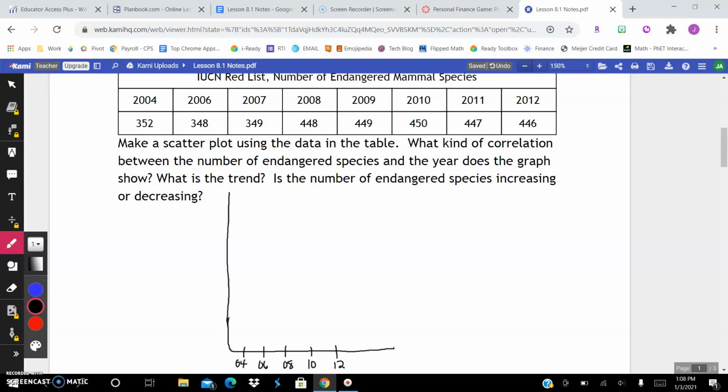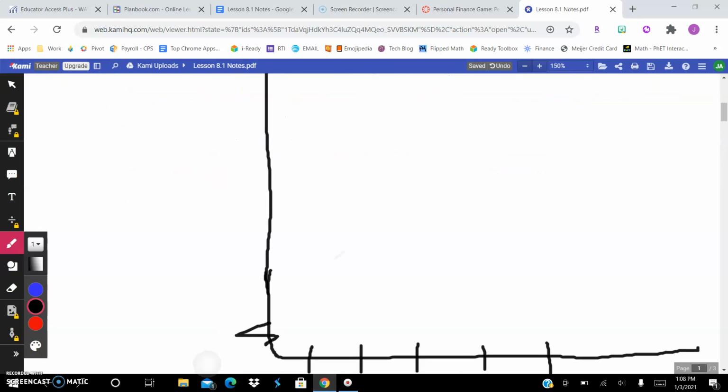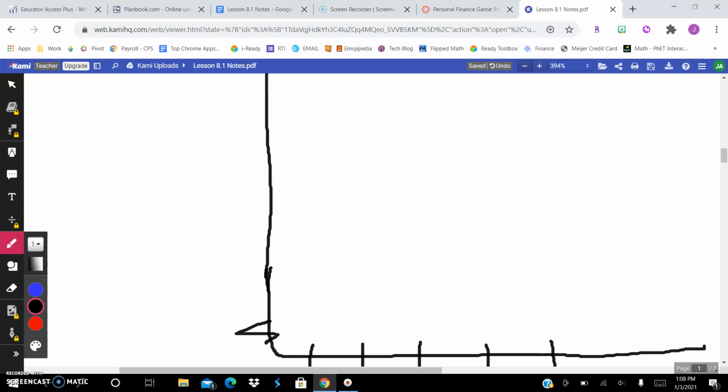And then looking at our list of numbers of species, it looks like 348 is the smallest and 450 is the largest. So I'm going to make this little squiggly here, telling that we're going to skip some numbers and we're not starting at 0. So I am going to go up by 5s. Well, if I go 100, that's probably not good. I'm going to go 10s.